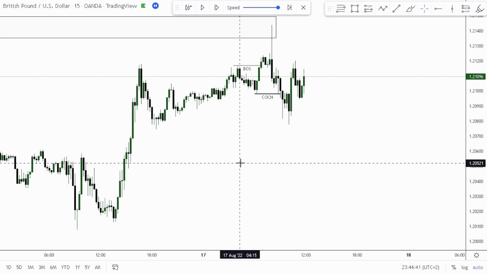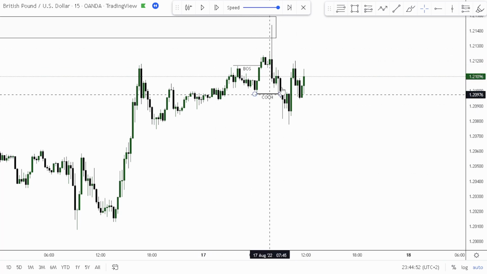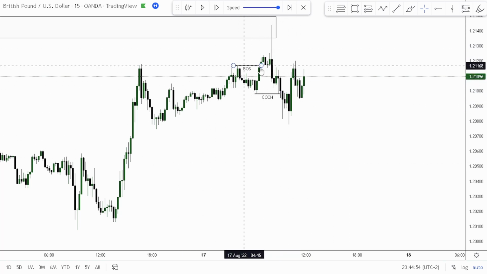Now, when I'm talking about external, it is the break of structures and the change of characters that happen in the bigger time frames, and internal is the smaller time frames. So basically, these are the things that you look into when you want to take a trade on the smaller time frames.